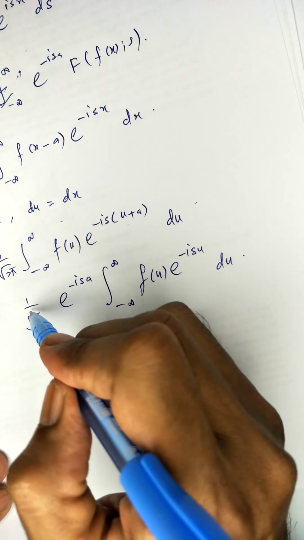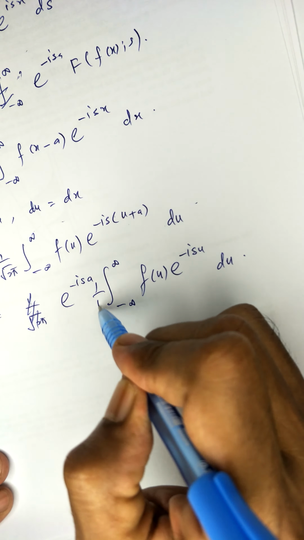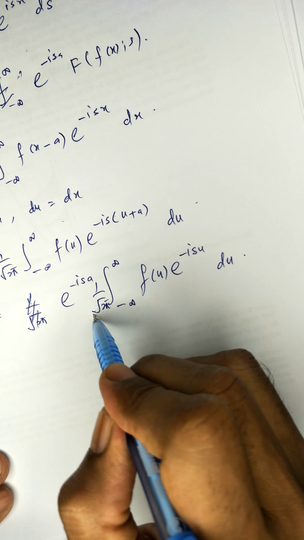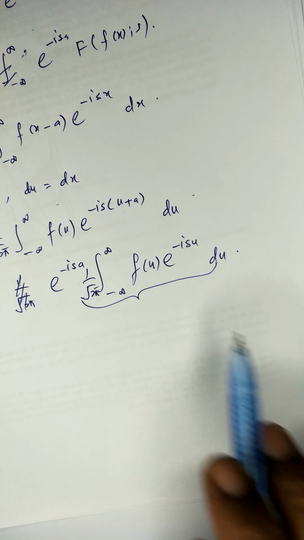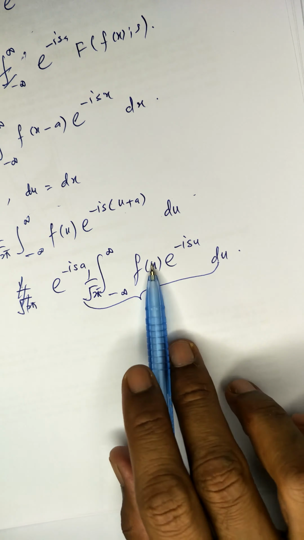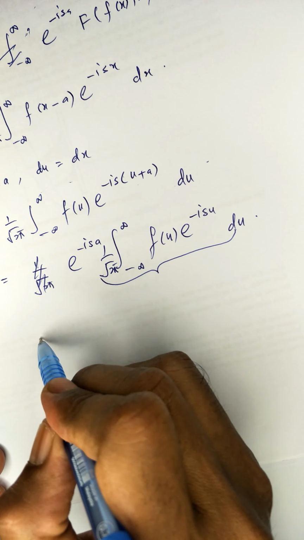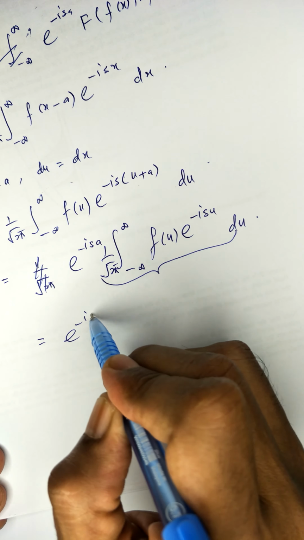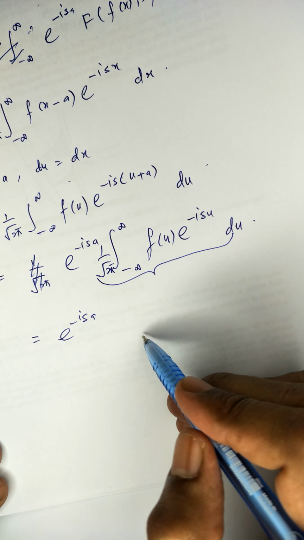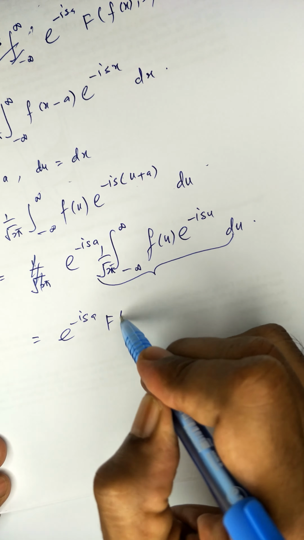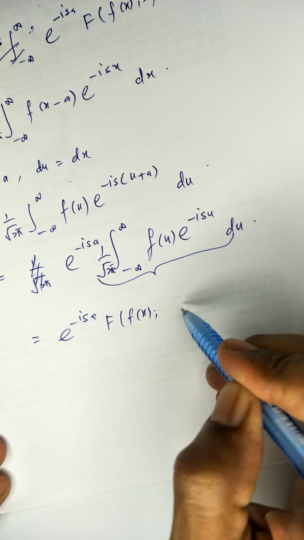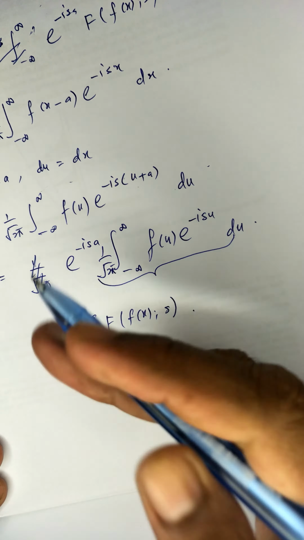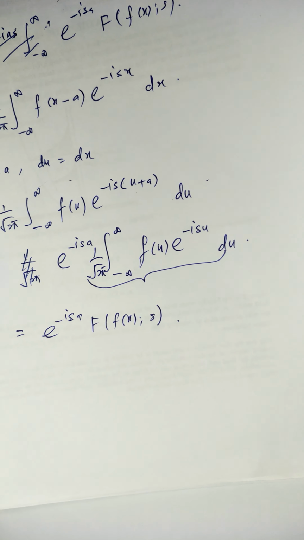You can see u is just a dummy variable, so I can write this as e to the minus isa times F(s). So that's what we wanted to prove.